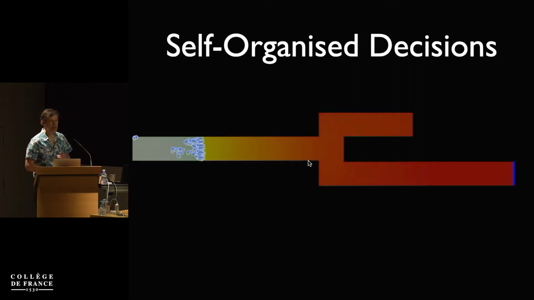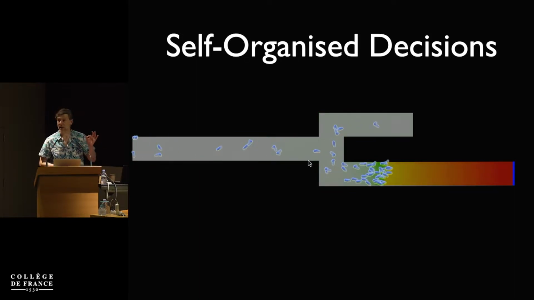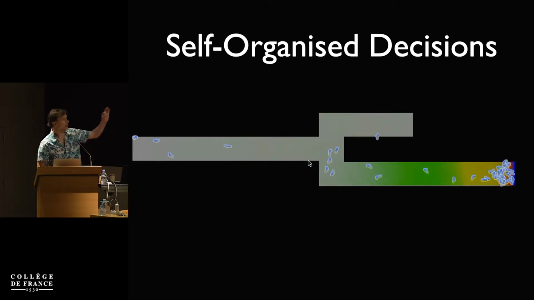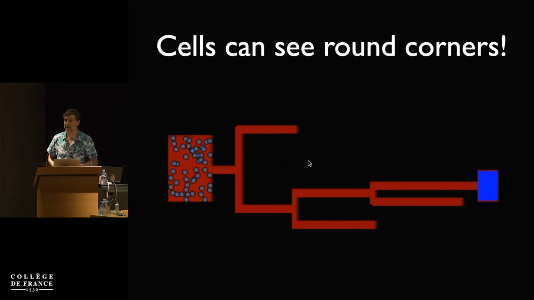Now what you see is that almost no cells are going to choose the top branch, because by the time they've reached it, they've broken down all the attractant. And the attractant has been able to diffuse out of the branch, and so they know that they should all go to the bottom branch. So the cells can use breaking down a chemoattractant to make a decision which way to go. And what that means is crazy. What that means is that cells can solve arbitrarily complex paths, and they can see around corners.